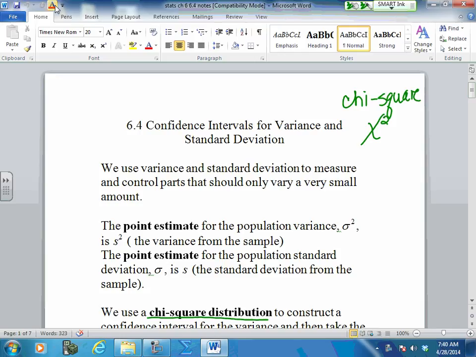All right. The variance and the standard deviation. If you remember back to your last test, the last question I gave you had a standard deviation of 0.01. And I asked you to do a confidence interval and to tell me what happened between the 95 and the 99%.